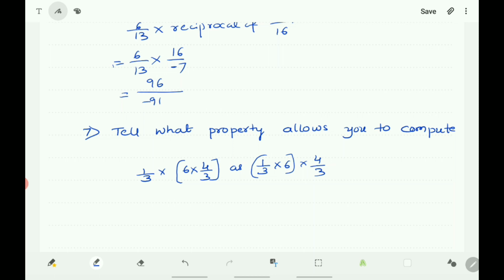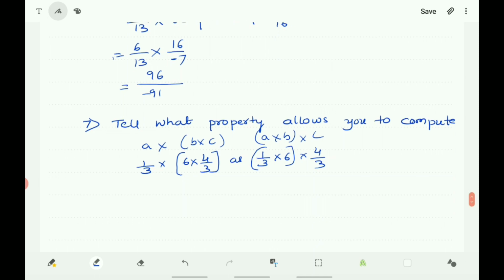But which property is used here? This is a into b into c, and here the bracket is for the first two, a into b, into c. So tell me which property is used. This is the associative property of multiplication.